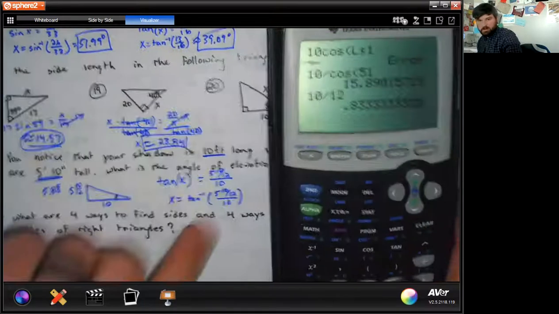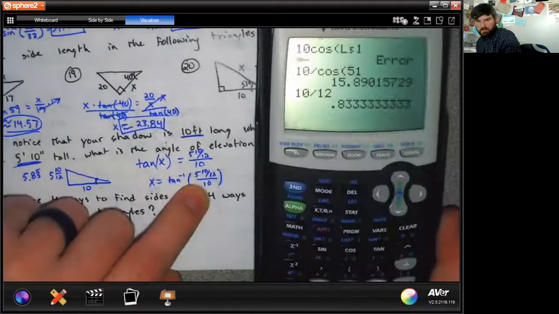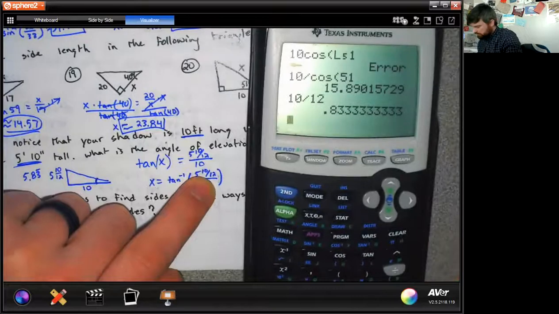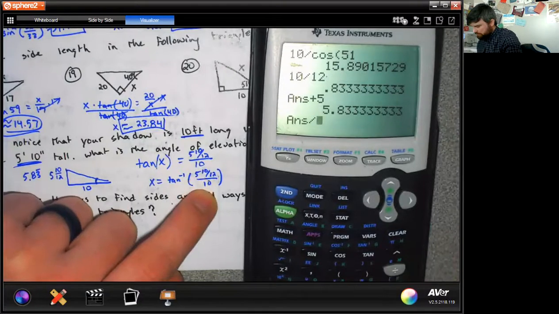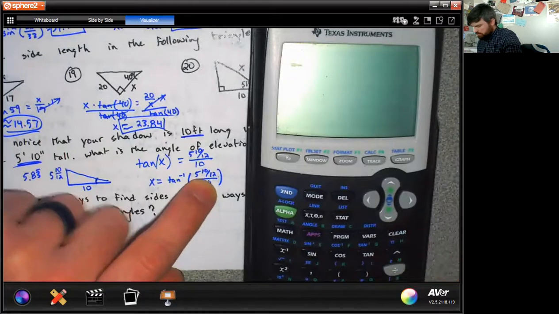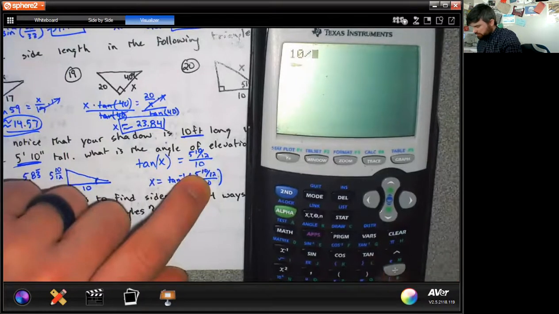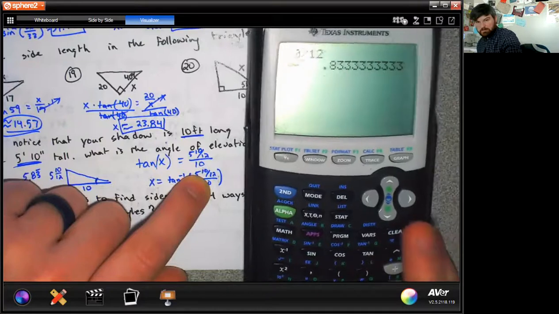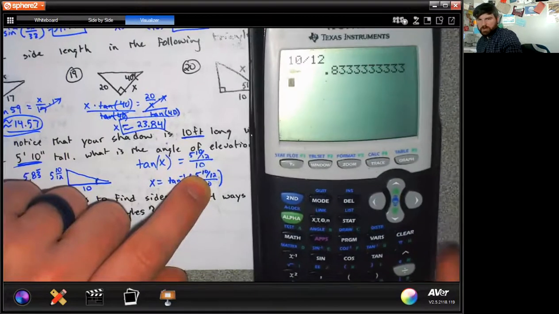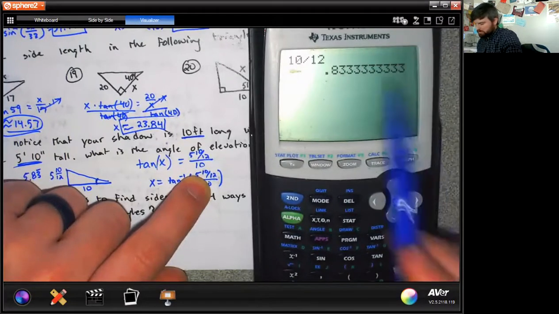So let's do this on the calculator together here. I want 5 and 10 twelfths. Let me clear it all out to walk you through it. We're going to start with our fraction, that's 10 divided by 12. That's a decimal. The reason I don't just put 5.83 is because this repeats forever.